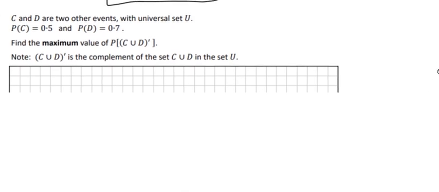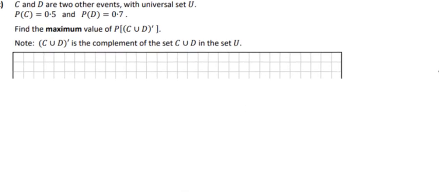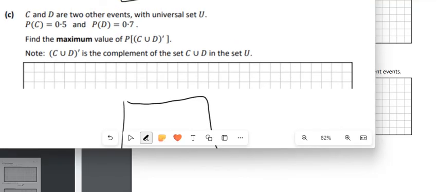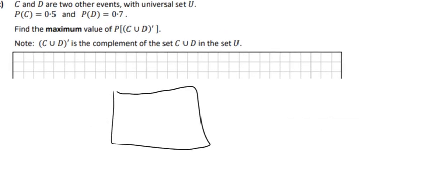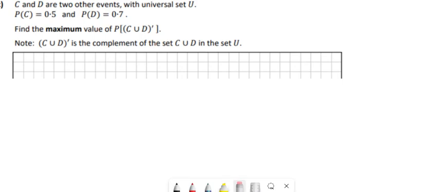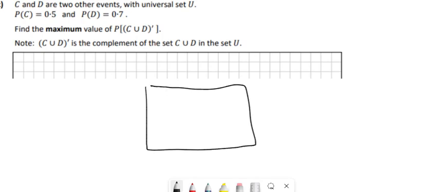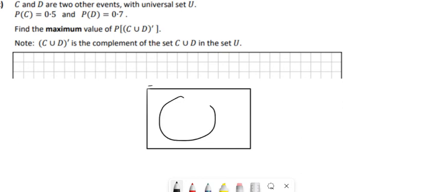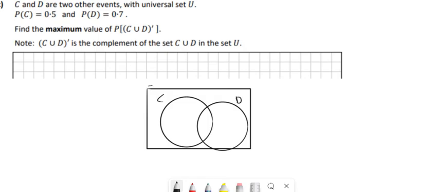C and D are two other events with universal set U. We'll let that be C and that be D. The probability of C is 0.5 and D is 0.7.